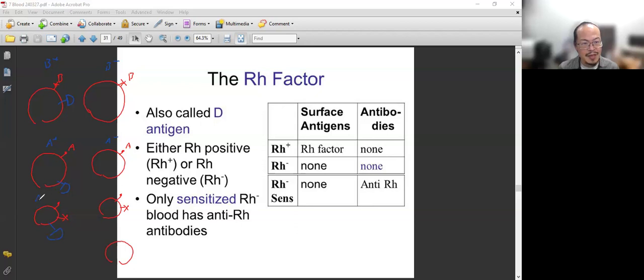So here it will be the AB plus. This will be the AB minus.